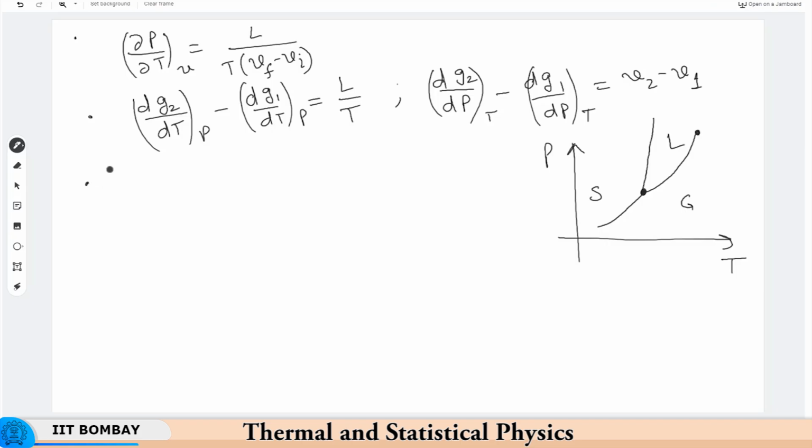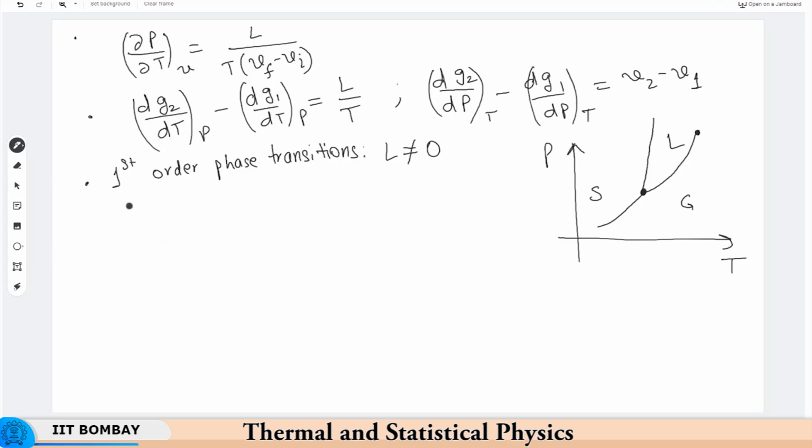The way we characterize these phase transitions: for first order phase transitions, our L was always non-zero. So first order phase transitions always require a certain amount of latent heat for the substance to go from phase 1 to phase 2.